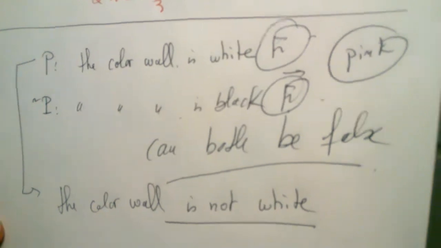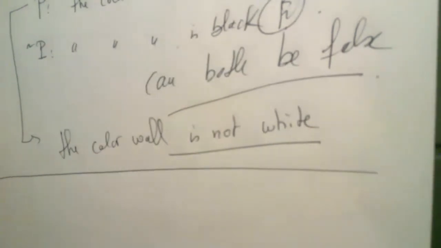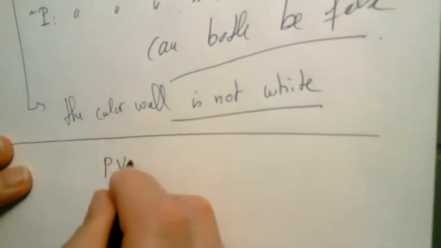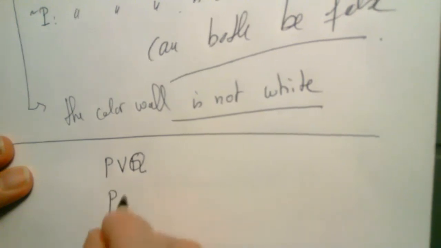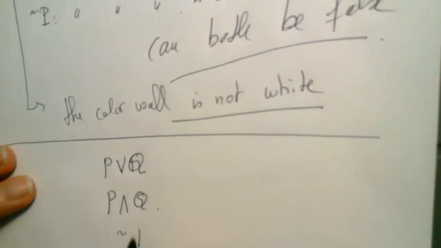Okay. So with this in mind, we define 3 operations, if you want to call them, on propositions. We combine them. We took P and Q and we negate them.